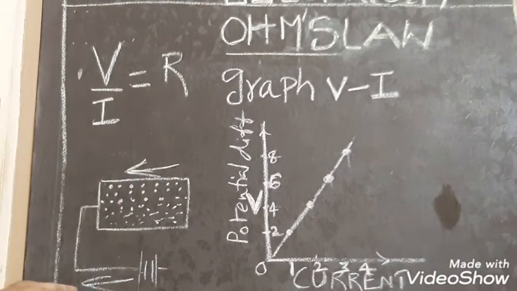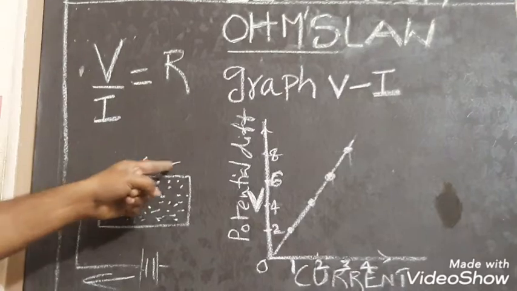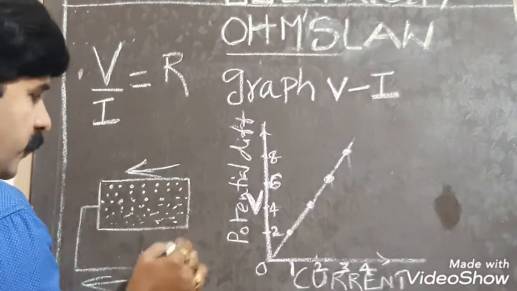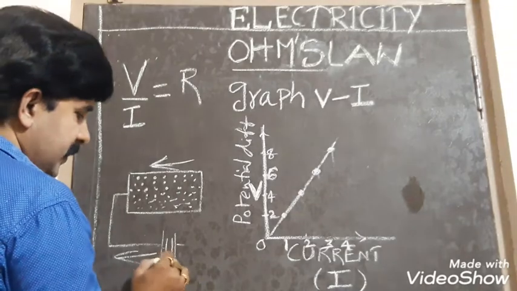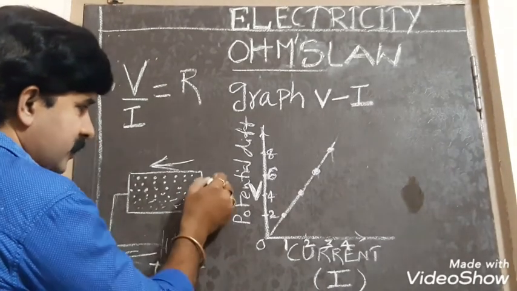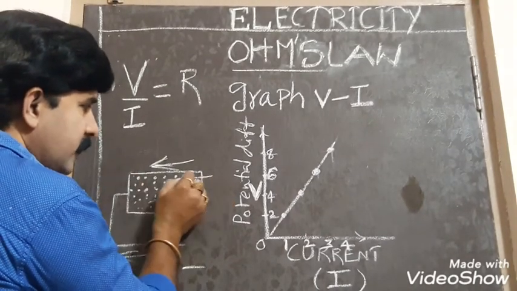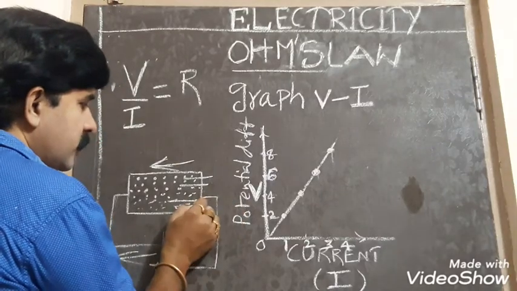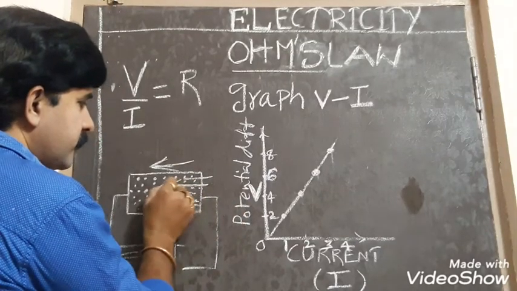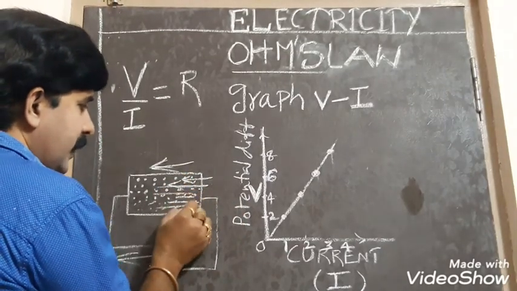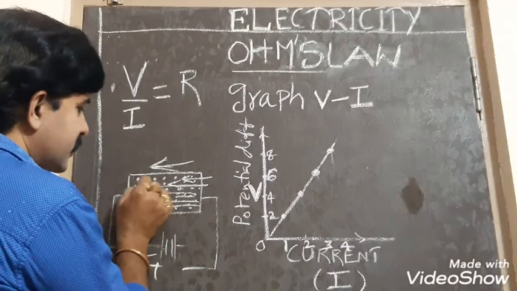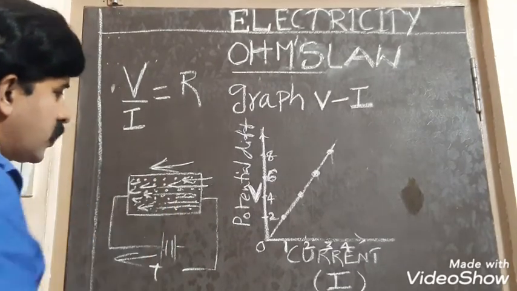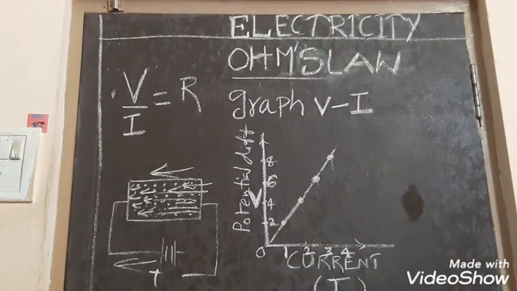Electrons will move from the negative terminal to the positive terminal as and when this is connected like this. This is the flow of electrons.